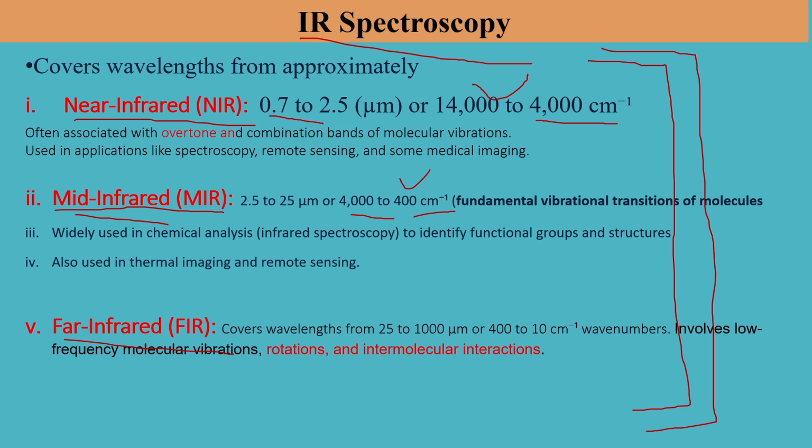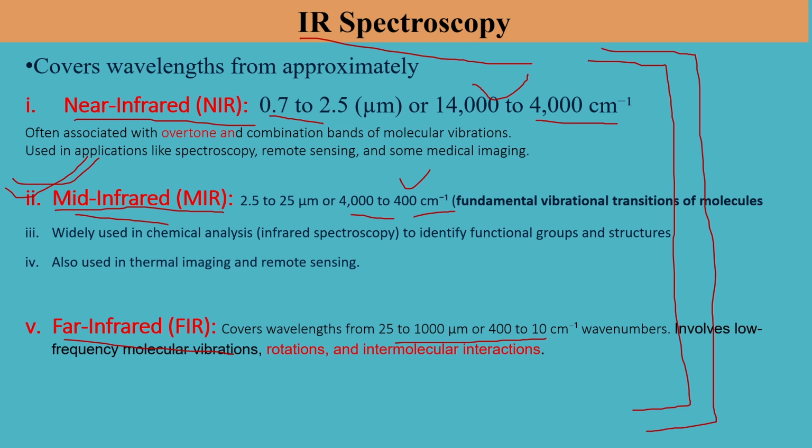This is categorized because the nature of the absorption depends on the incident IR. In general, MIR is very common and gives very characteristic peaks, so it is mostly used for the identification of a sample, in the case of direct identification.